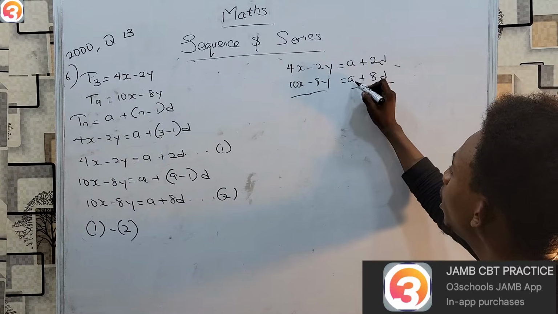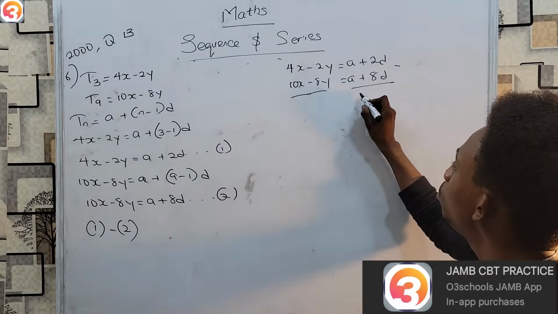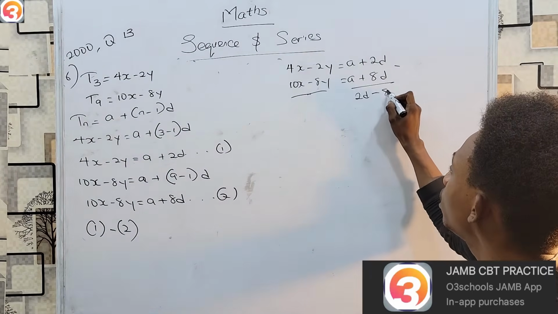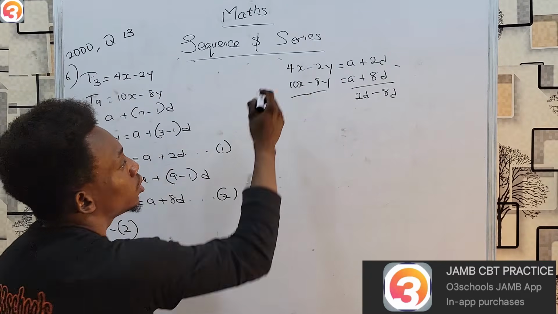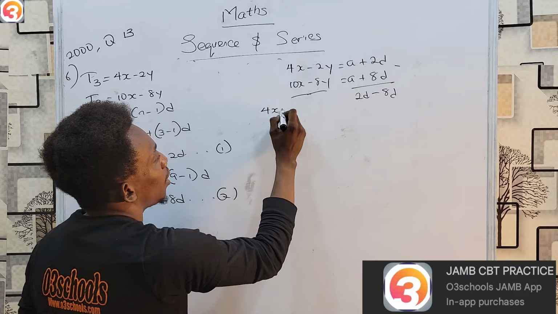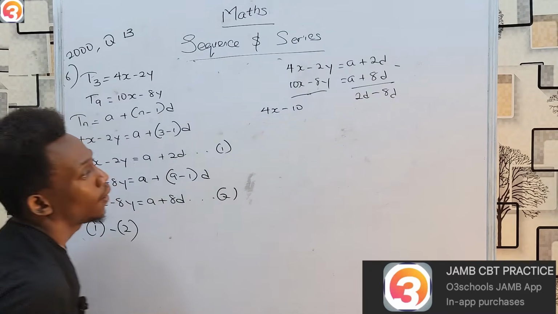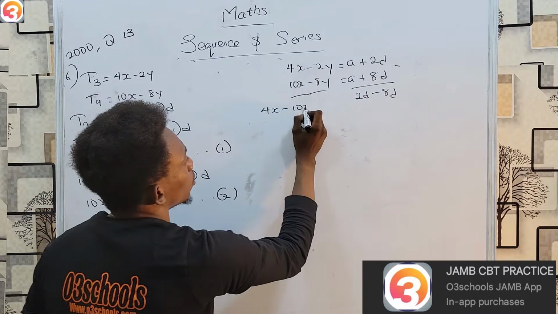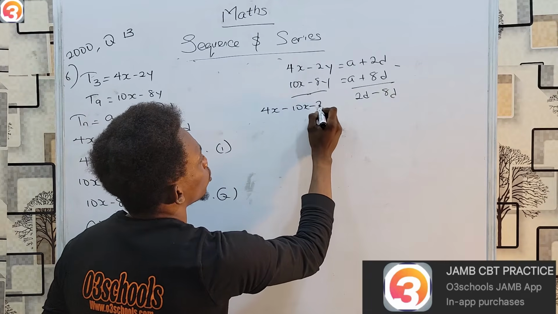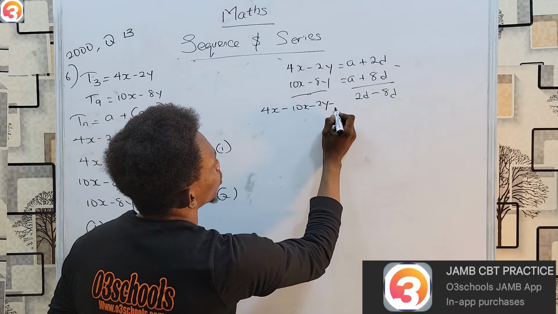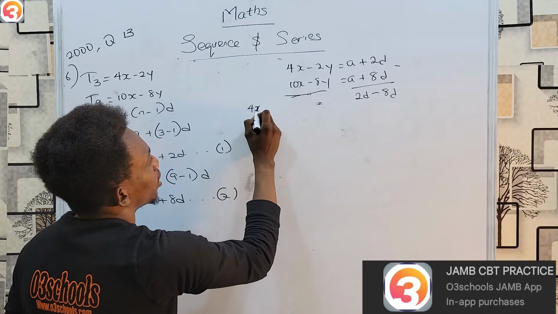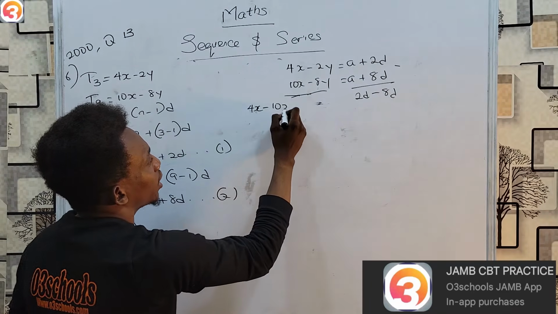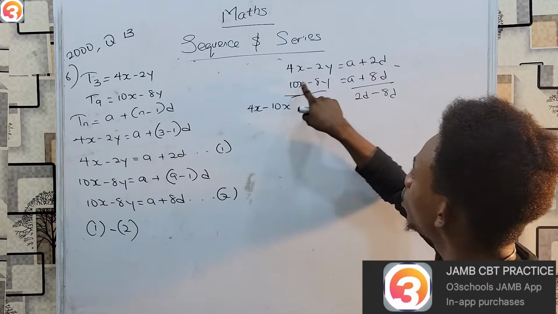Okay, a minus a is 0, and here will be remaining 2d minus 8d. Over here, let's do the same type of subtraction. We'll be having 4x minus 10x, that's this minus this.